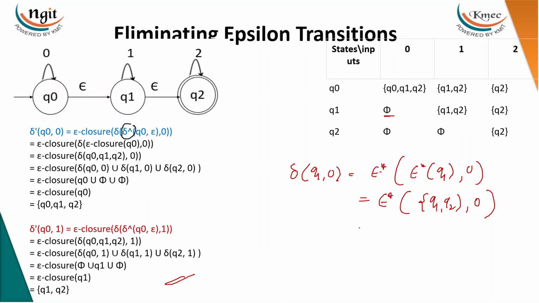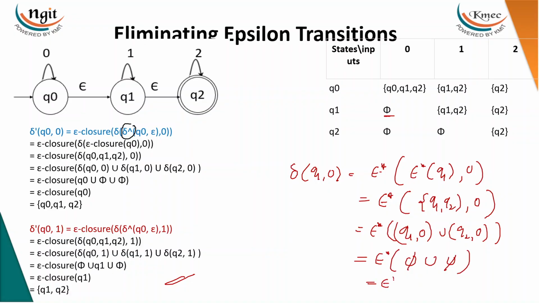Read 0 on both. So epsilon closure of Q1 comma 0 union Q2 comma 0. So what is Q1 comma 0? It is empty set union empty set. Then you'll get epsilon closure of empty set. It is nothing but empty set. That's how we got it.